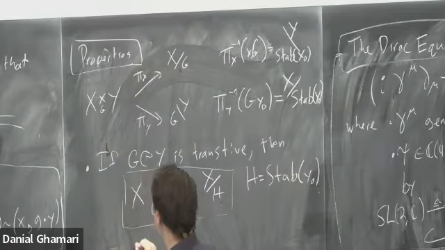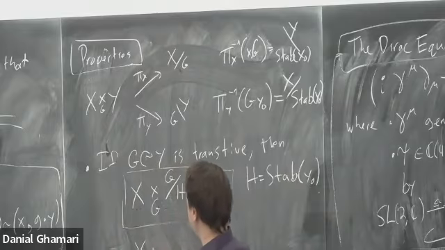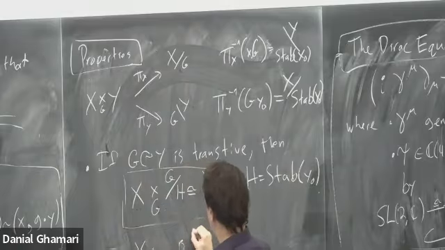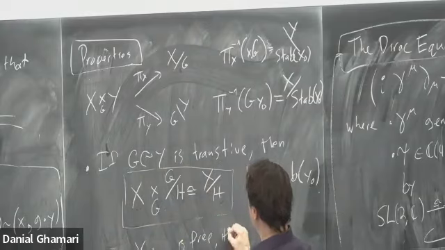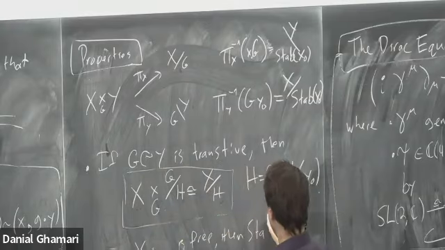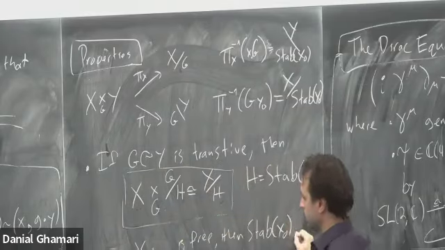And then if the action of G on X is free, then the stabilizer subgroups are all trivial.